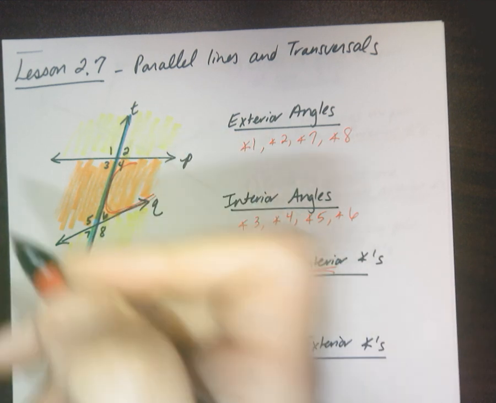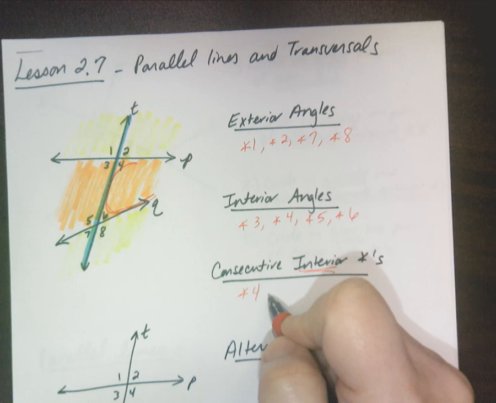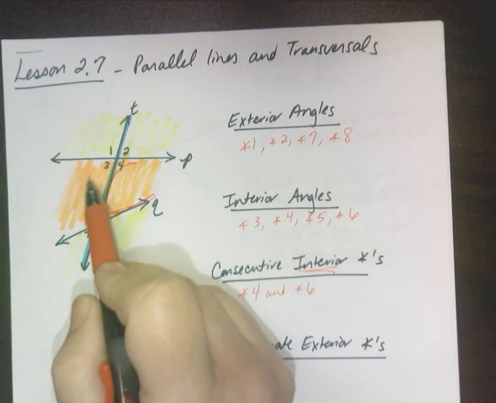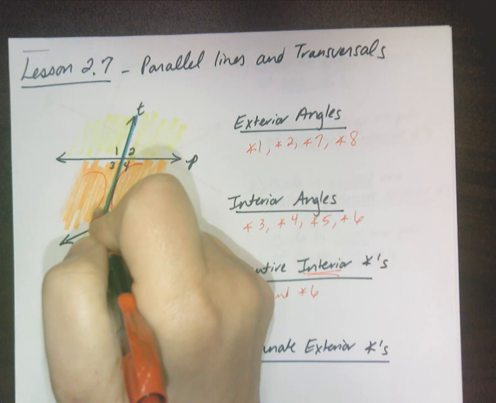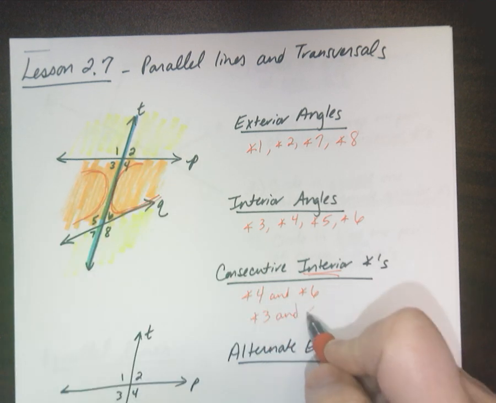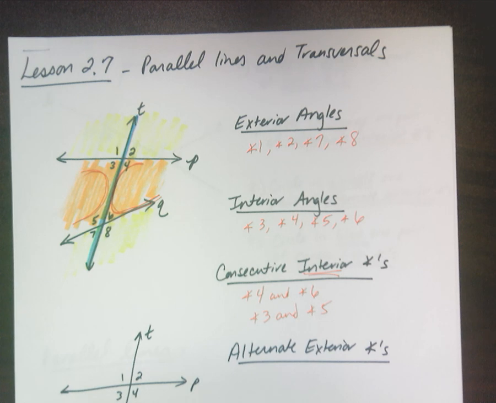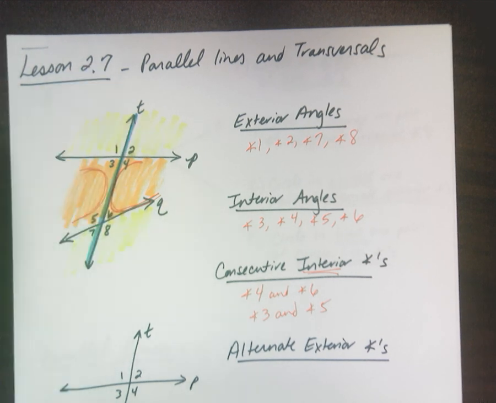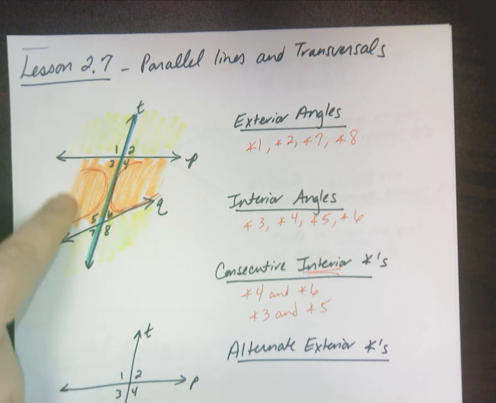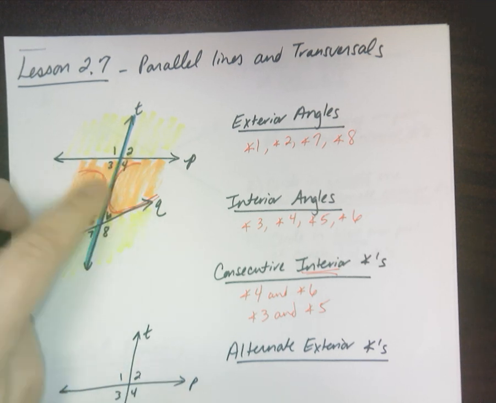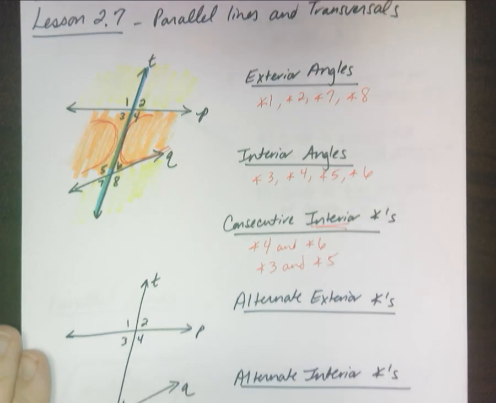So 4 and 6. And then the other pair would be the other direction, 3 and 5. Okay, so exterior on the exterior outside, interior on the interior inside, consecutive interiors.